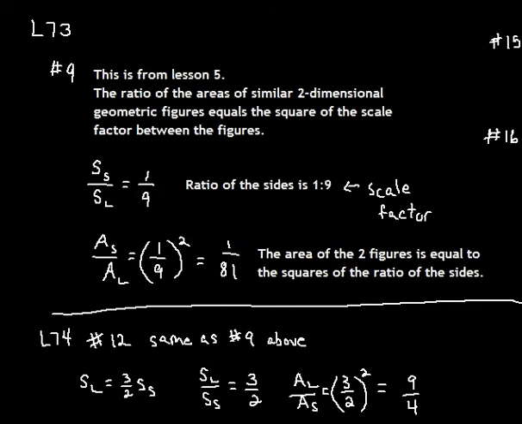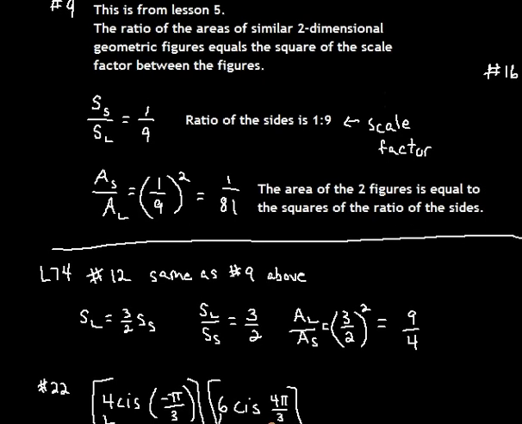If we look down here at number 12, it's the same thing. It says the larger side is 3/2 the smaller side. So if we multiply both sides by 2/3, kind of flip it. I think I'm going to have this backwards. Actually, no. If I divide both sides by S sub s, we would get S sub L over S sub s equals 3/2.